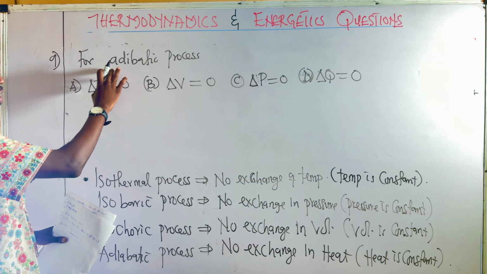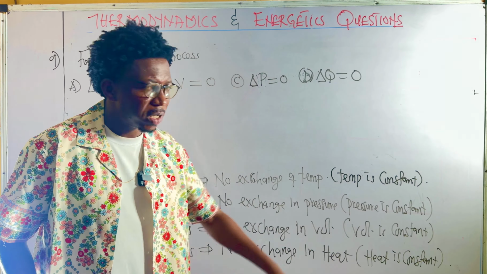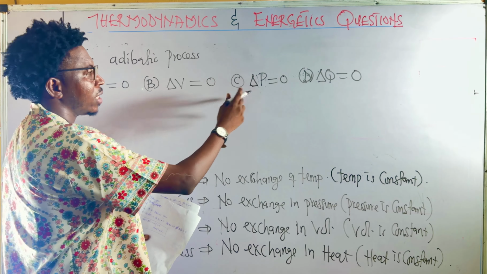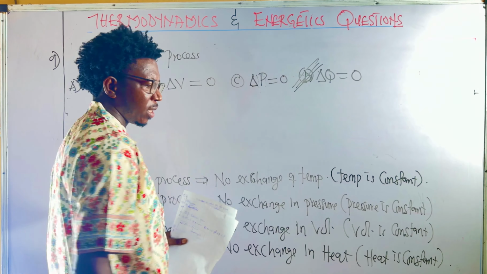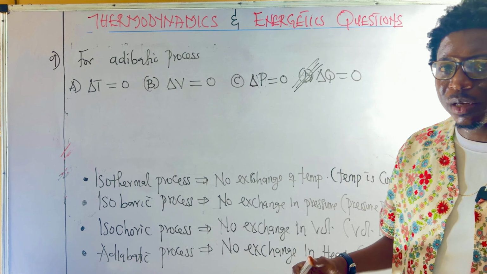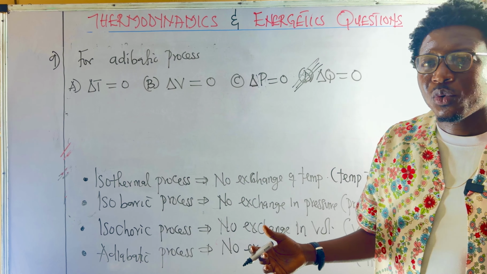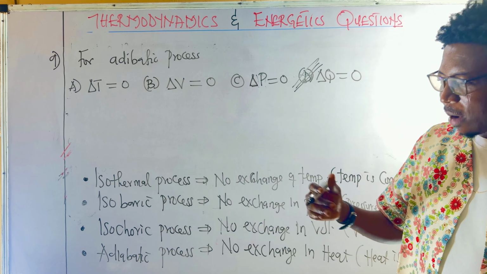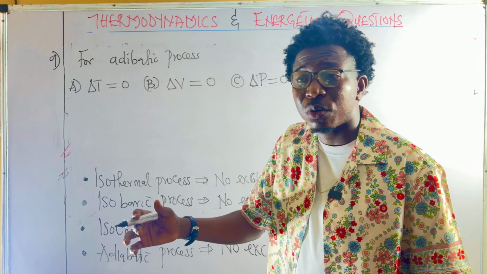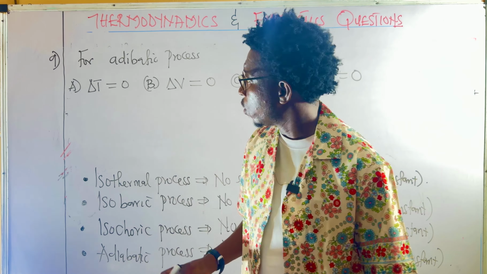Recall for an adiabatic process, there's no exchange in heat. Therefore, heat is constant. The answer is not A, not B, not C, the answer is D. So you can see that step by step, energetics and thermodynamics is becoming less of a worry for you. Just follow this. Now I'm moving from little questions to more complex questions, which I'll also make very easy for you to solve. So we move to the next.